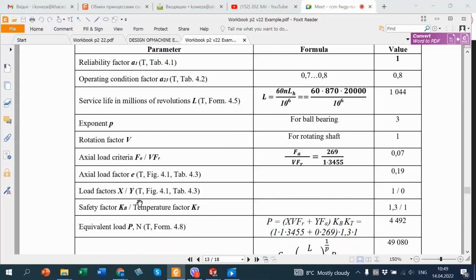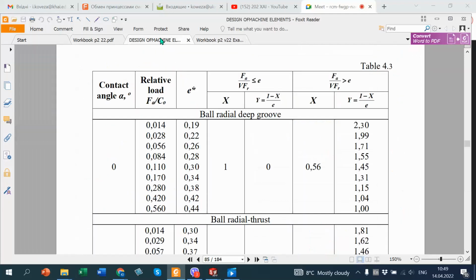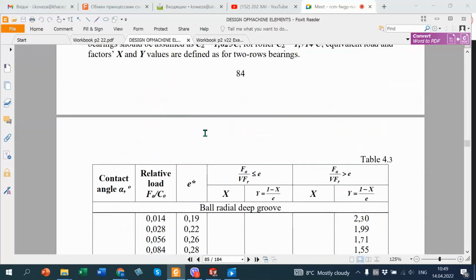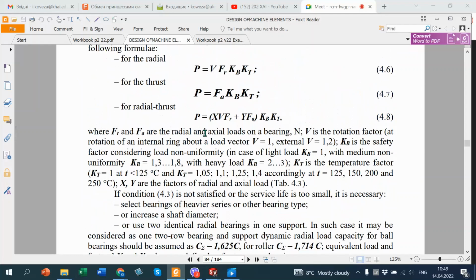Then two coefficients, KB and KT. KB is a safety factor considering non-uniformity.